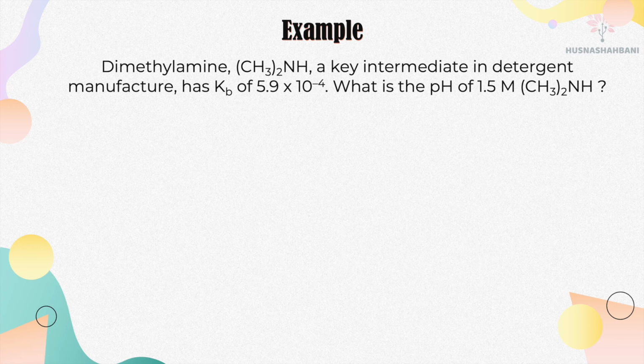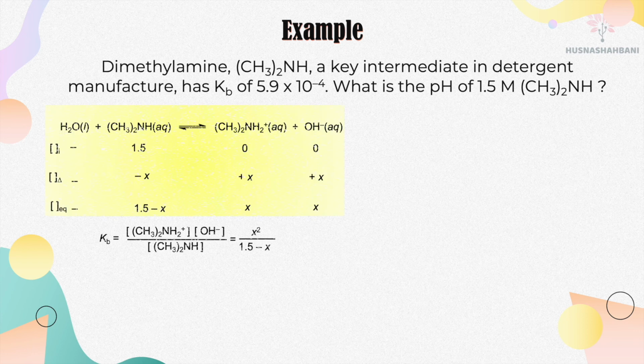A weak base dissociates very slightly in water, so you have to construct the ICE table. Initially, there is no concentration of the product, so the change in concentration is negative x, positive x, positive x, and then at equilibrium 1.5 minus x, 0 plus x, 0 plus x.